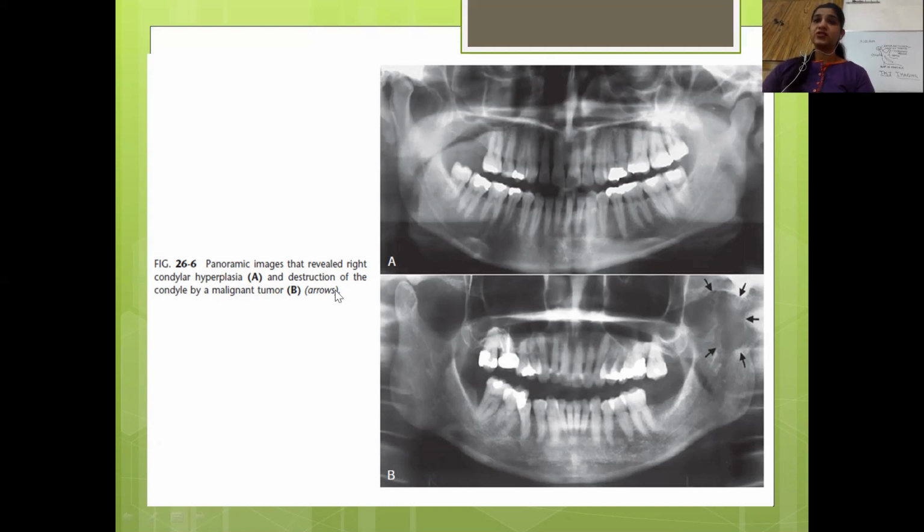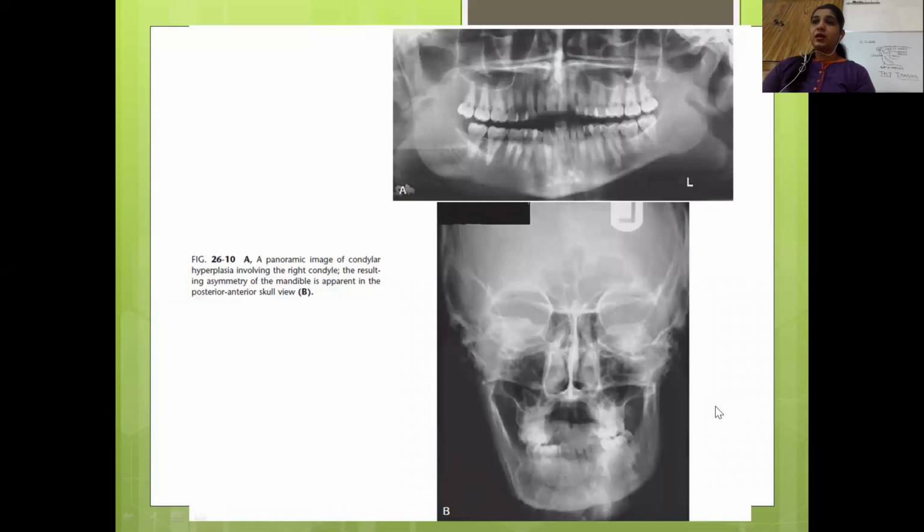Destruction of the condyle by a malignant tumor. In the second image, on the left side, there is severe destruction of the condylar head by a malignant tumor, and the black arrows point to the tumor. This OPG reveals that the condylar head is compromised by the malignant tumor. In this OPG, we again see condylar hyperplasia resulting in asymmetry of the jaw.